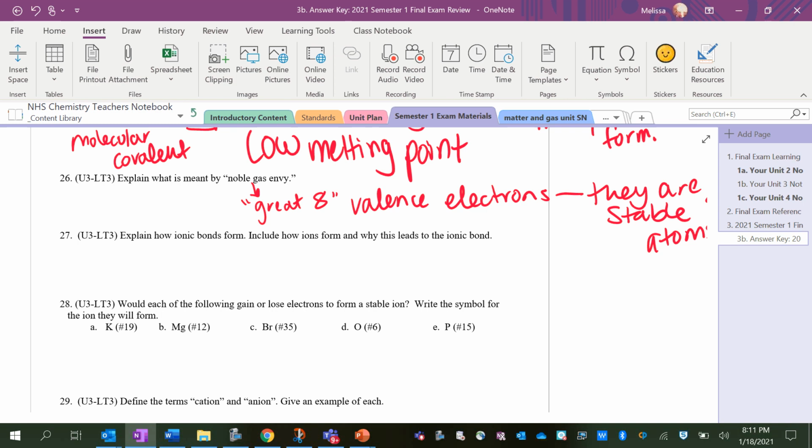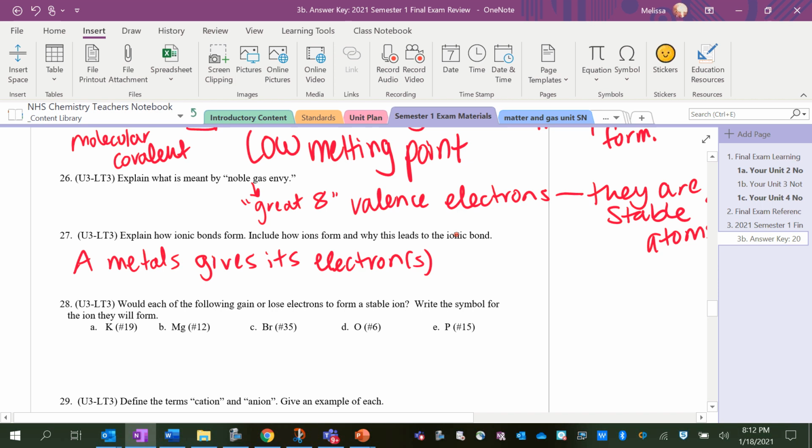Number 27, explain how ionic bonds form. A metal gives its electron or electrons to a nonmetal. Yeah, we'll make the option plural.